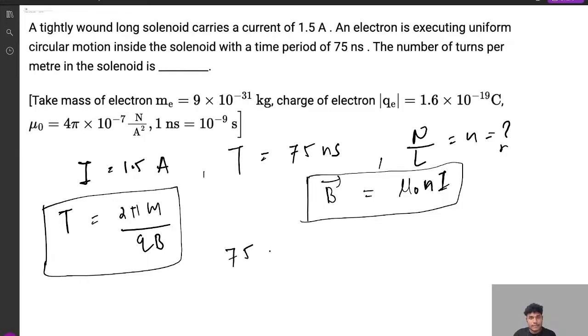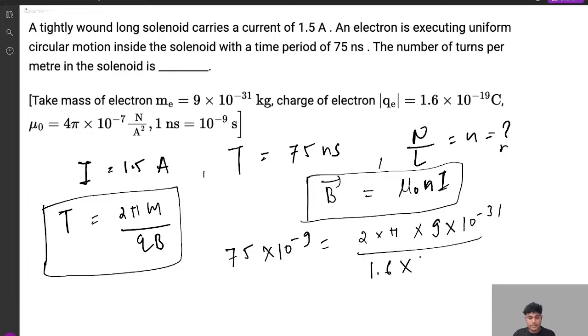That is 75 into 10 raised to power minus 9 is equal to 2 into pi into m. What is the mass of the electron? That is 9 into 10 raised to power minus 31 kg, upon what is q? That is 1.6 into 10 raised to power minus 19.